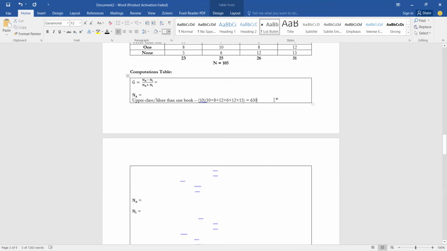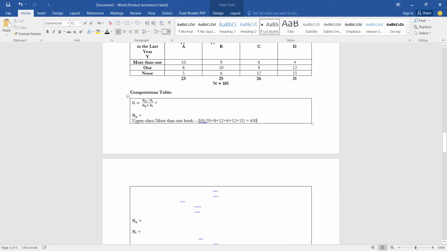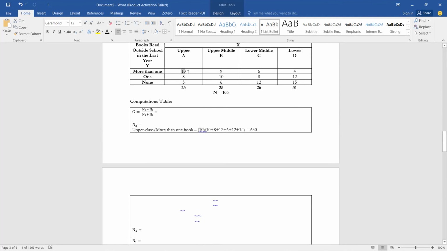So 10, this is the 10 that we got from this, and then 10, 8, 12, 6, 12, 15, we got from this. And we simply multiplied this term with this one, and got 630. And we will do the rest for all the remaining cells. So we should go to the right next.